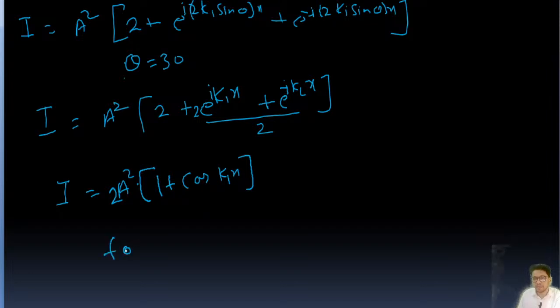So now, for maxima, the value of cos k1x should be equal to 1, right? So this means cos k1x equal to 1.